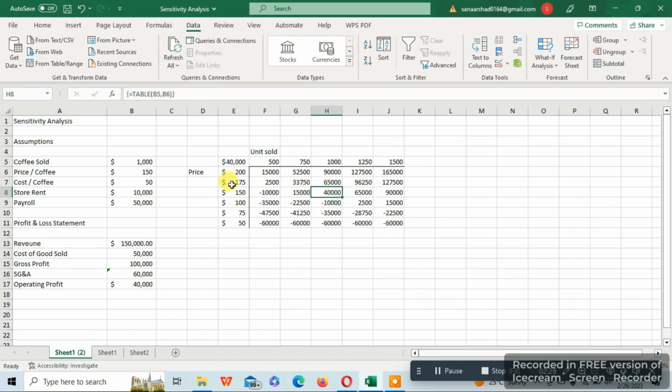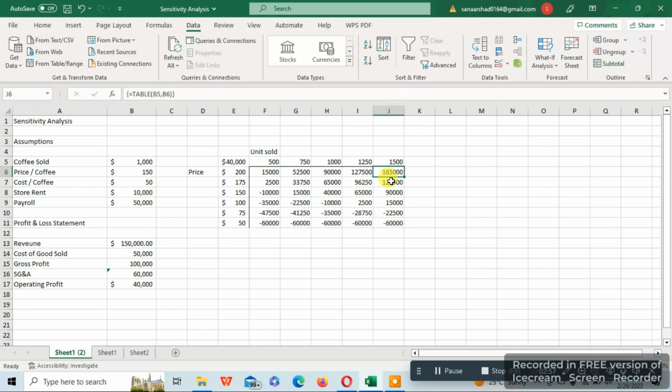And if I assume that the price of a coffee is 200, and I sell 1500 units per year, then our operating profit is 100,000.